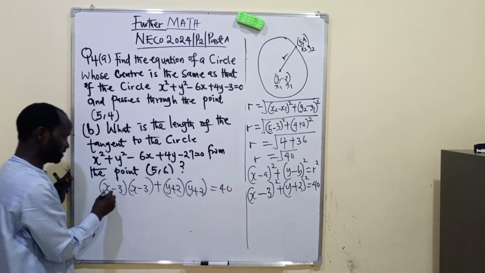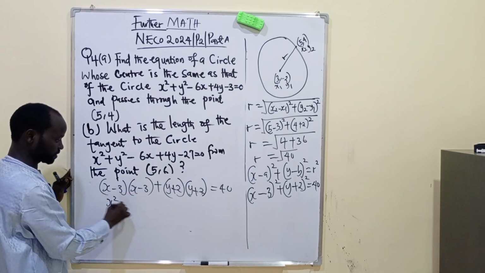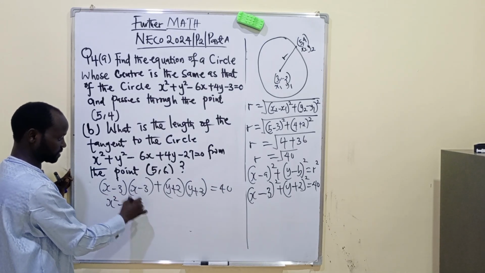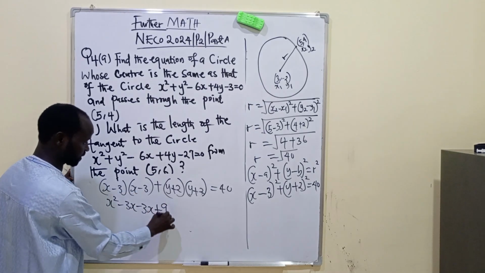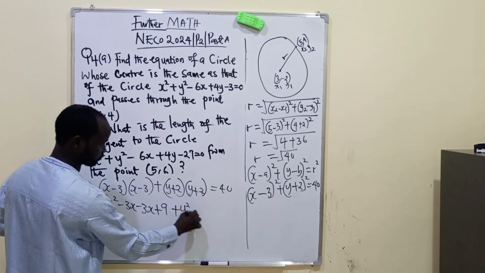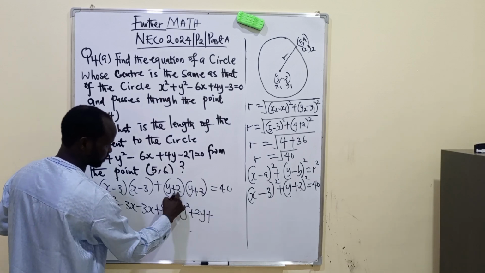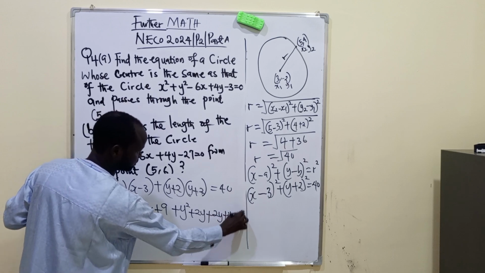So let's expand. x times x is x squared, x times minus 3 is minus 3x, minus 3 times x is minus 3x, minus times minus is plus 9, plus y times y is y squared, y times plus 2 is 2y, plus 2 times y is 2y, plus 4, equal to 40.